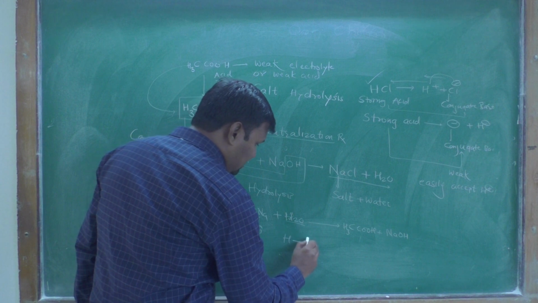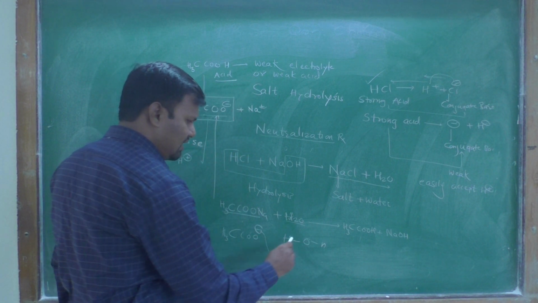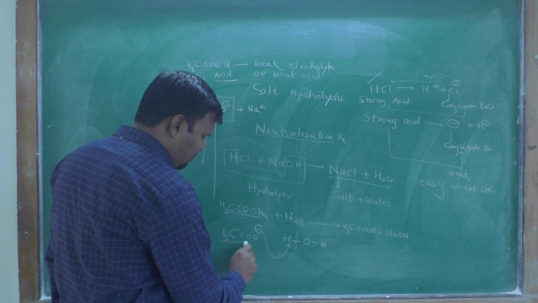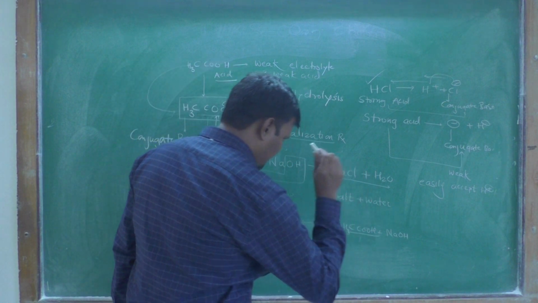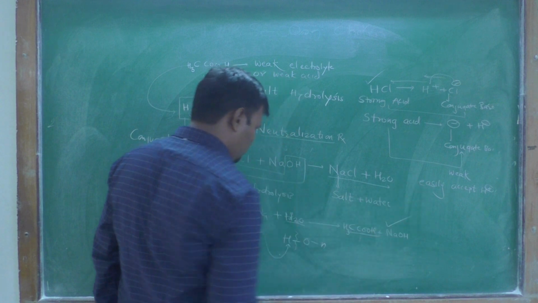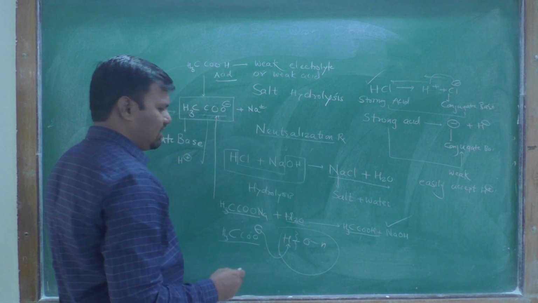It easily takes H plus ions and breaks the water, and therefore you obtain CH3COOH and you obtain NaOH. Okay, therefore there is a breaking of H2O that takes place.